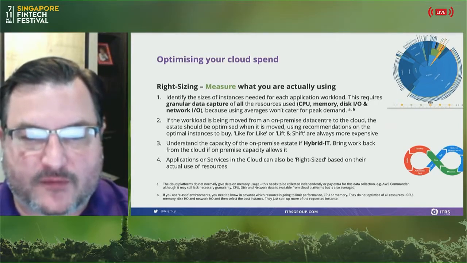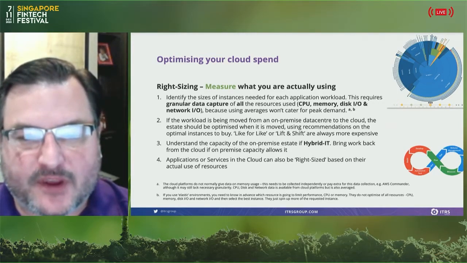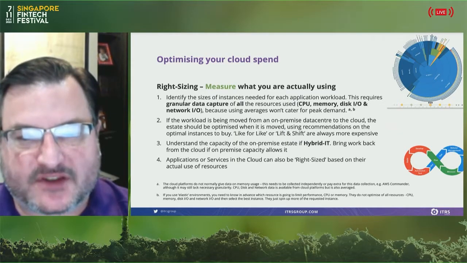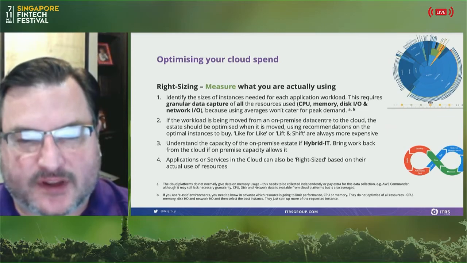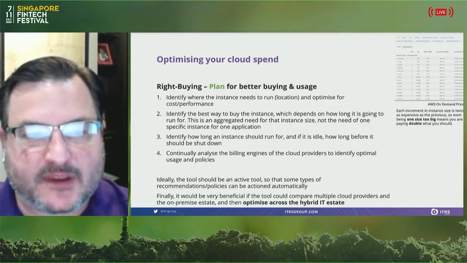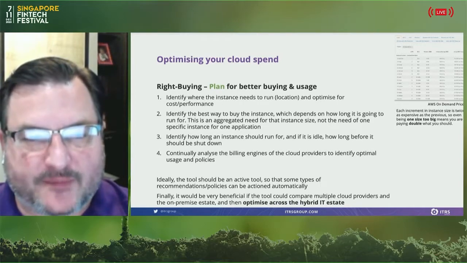I'll move that from my data center to the cloud, which is great unless you're not actually using all that capacity, which means that you're then buying capacity in the cloud and you're not actually using it. So the first step is to right size, measure what you're actually using, and only buy what you need to buy.